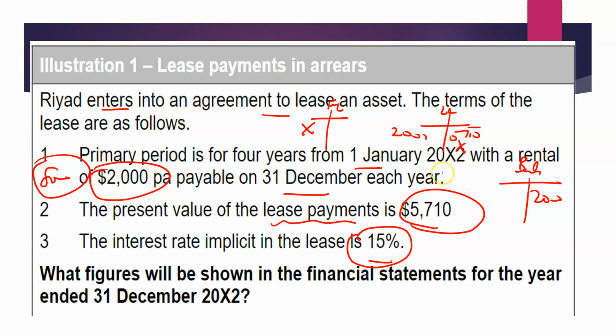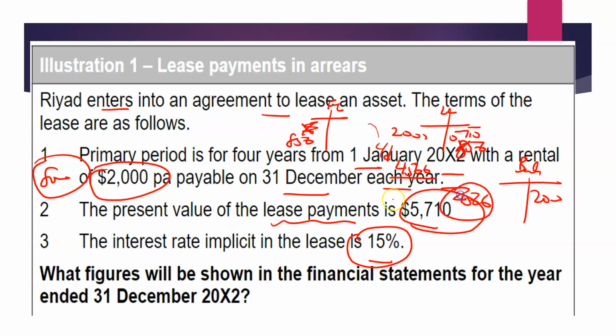So let's just do it now. 15% of 5710 is 856. So you will have 856 here, and the finance cost here is 856. So you pay off 2 grand, and you have a carried down figure. The 856 plus the 5710 minus the 2 grand brings us down to a carried down figure of 4566. So we have that brought down, and we start the whole cycle again.